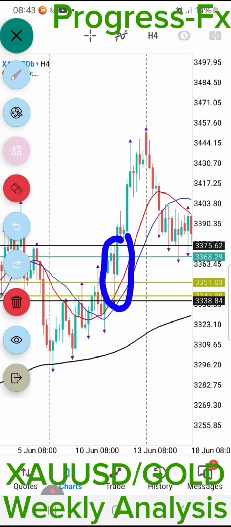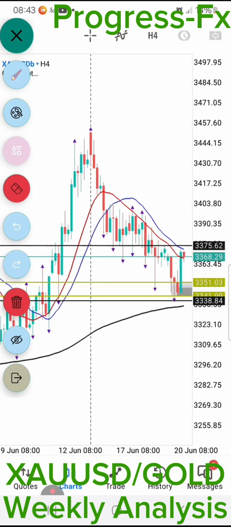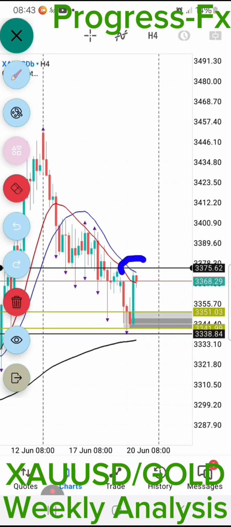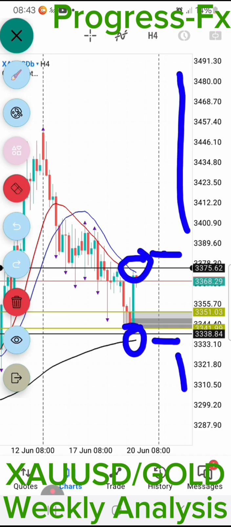This H4 candlestick. The implication here is until the price of gold engulfs this black and closes above or below, the market will not speedily go bullish up or bearish down.